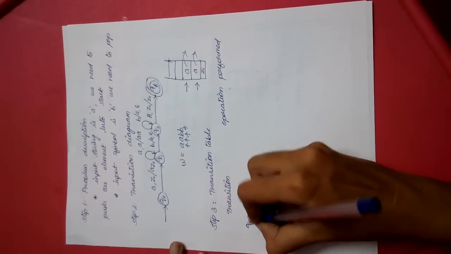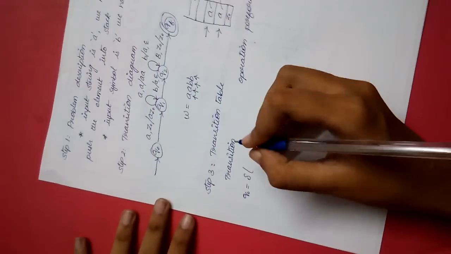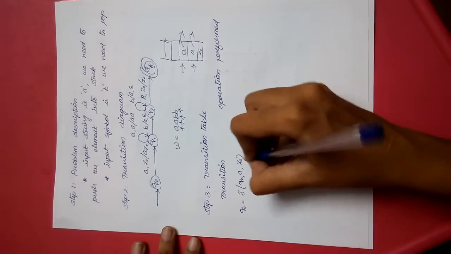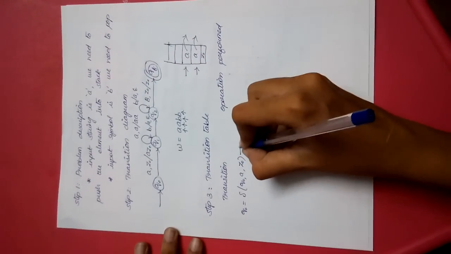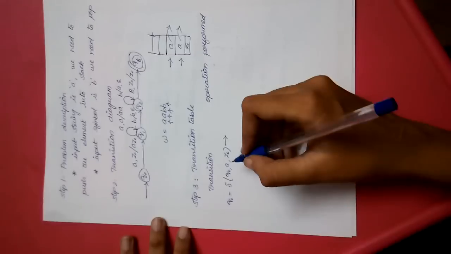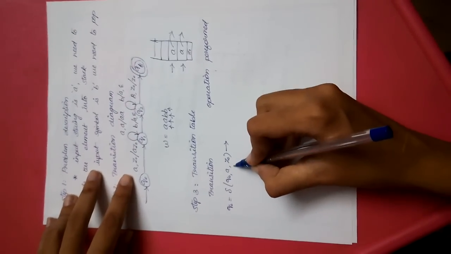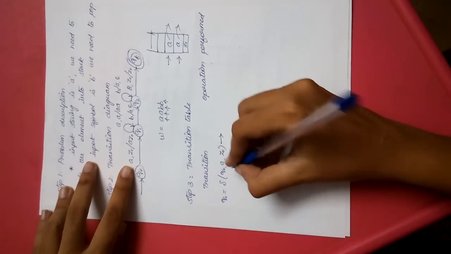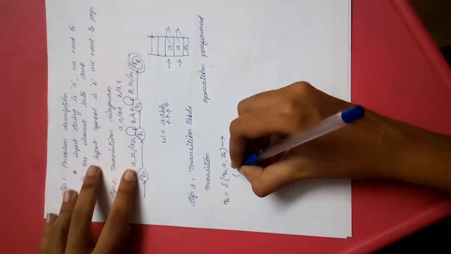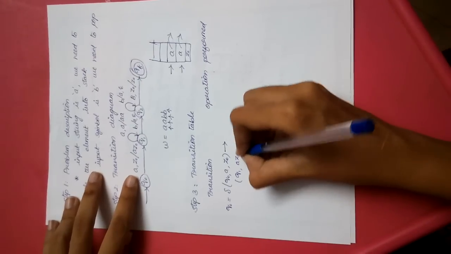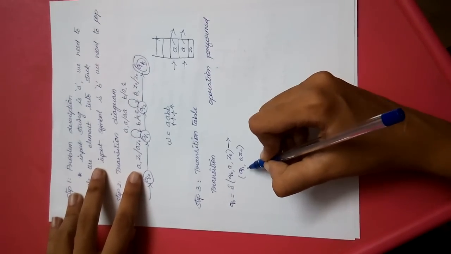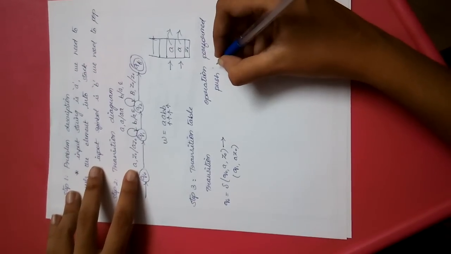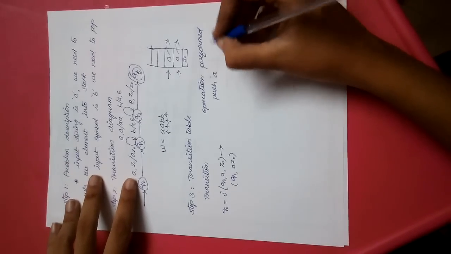First, for the state Q0, the first transition will be Q0, comma A, comma Z0. For the input symbol A, and the top of the stack is Z0, then the top of the stack becomes A Z0, and it moves to the next state Q1. So the operation performed here is push operation. We push the element A, so we denote it as push A.